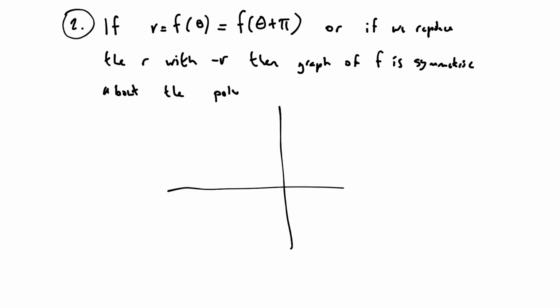So remember that the pole in our polar coordinate system we generally assume to be the origin in rectangular coordinates. And what this is saying is that if we know what our graph looks like in the first quadrant, then we can reflect this picture into the third quadrant as follows.